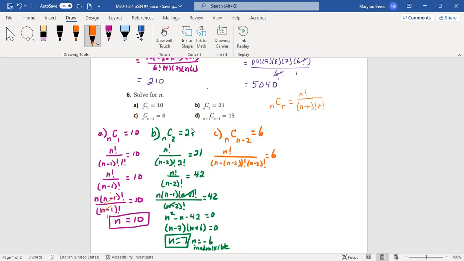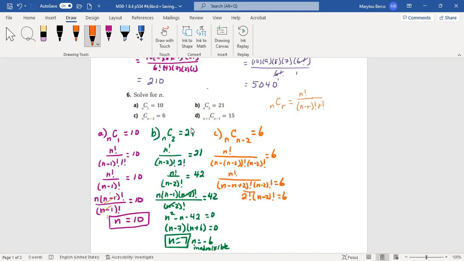Okay, well, n minus n plus 2, I guess I can put that step in: n factorial over n minus n plus 2 factorial by n minus 2 factorial equals 6. And that's beautiful. We have 2 factorial by n minus 2 factorial equals 6.